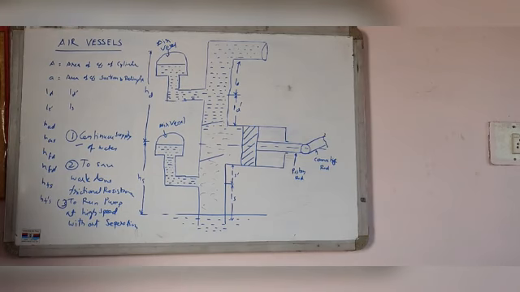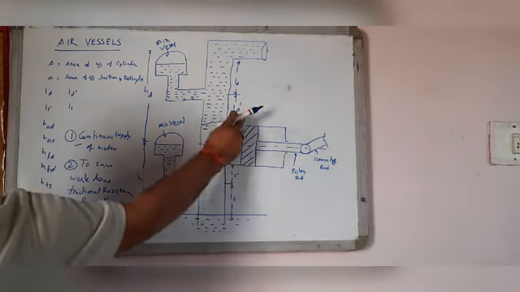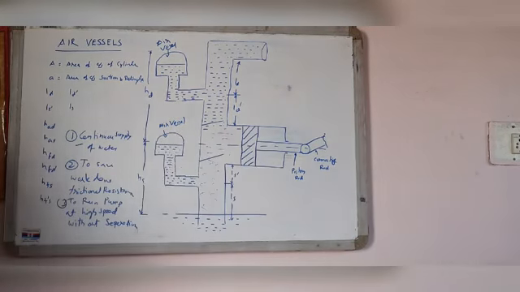The effect of acceleration will be observed only in the lengths LD dash and LS dash. The velocity of flow of water in the lengths LD and LS will be equal to the mean velocity of flow.